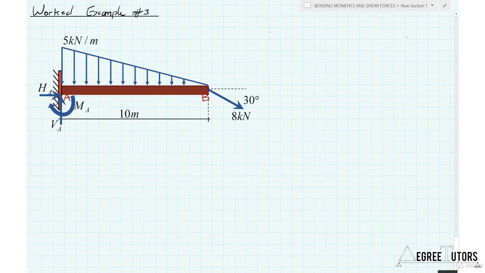if we were to make a note here: for a linearly changing distributed load, the total area equals the concentrated load.